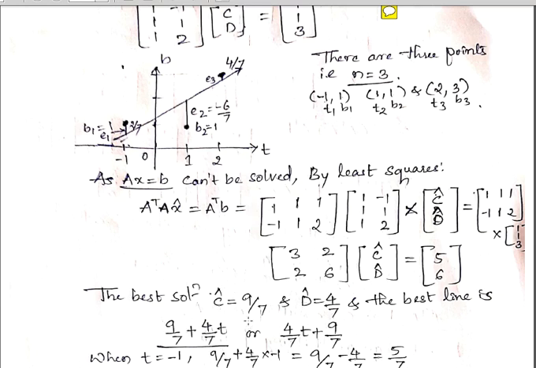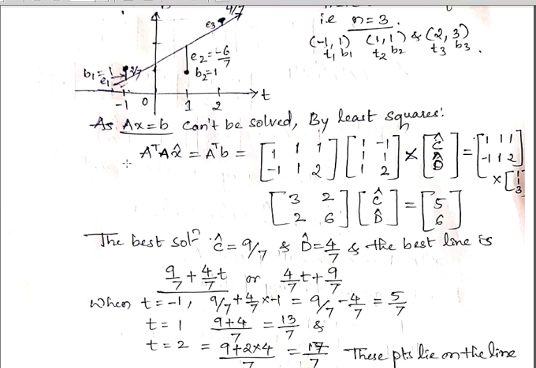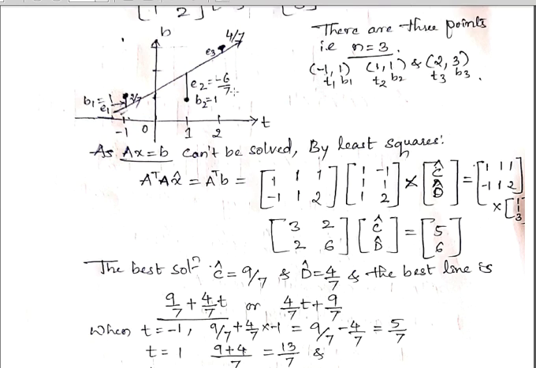So the line which will give us the best solution and have the least errors is 9 by 7 plus 4 by 7 t, or 4 by 7 t plus 9 by 7. So that is the equation of this line.